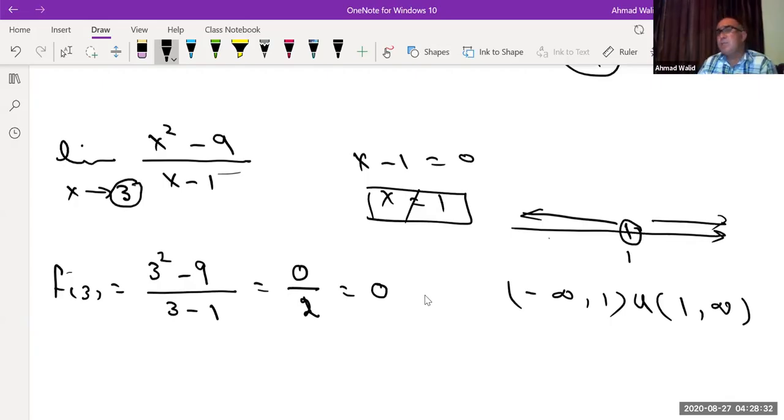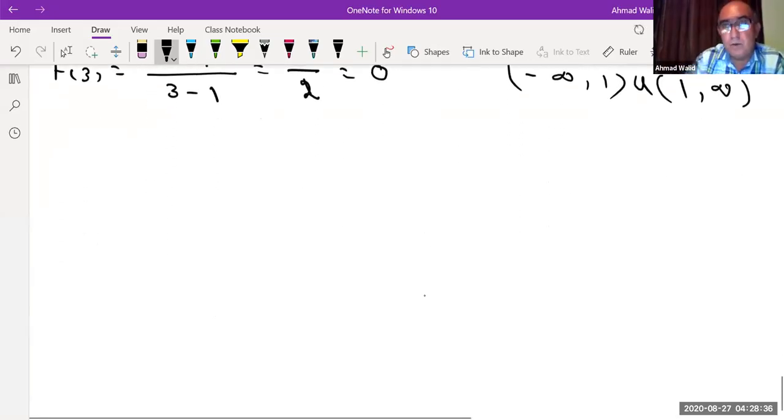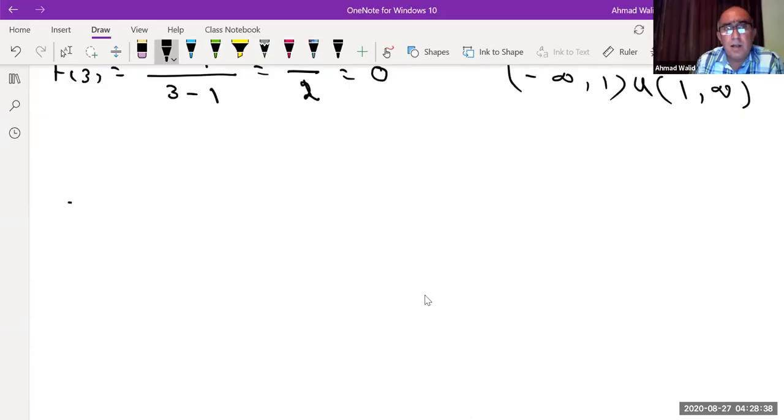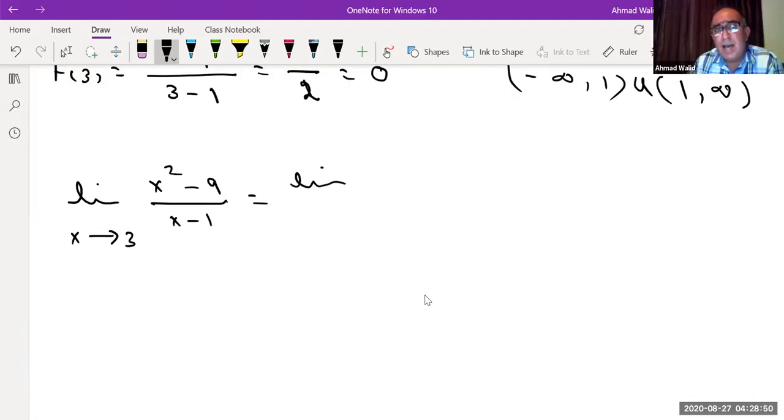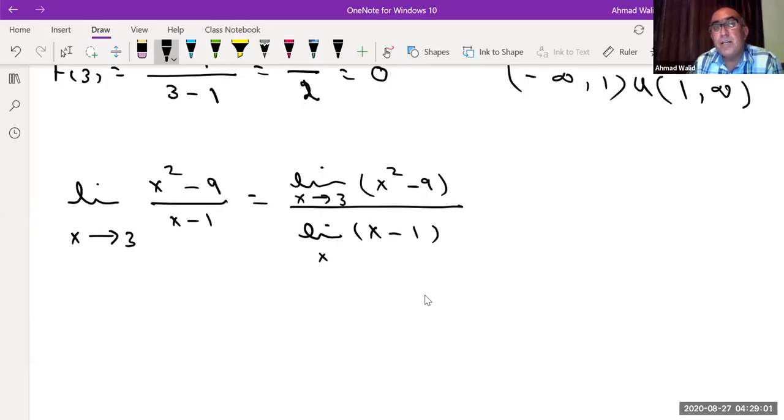Now look how direct substitution makes your life easy, because if I solve this problem based on the rules, I have the limit of x squared minus 9 over x minus 1 as x approaches 3. I will rewrite this as the limit as x approaches 3 of x squared minus 9, over the limit of x minus 1 as x approaches 3, based on the quotient rule.